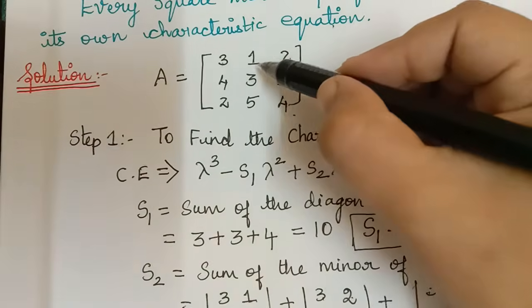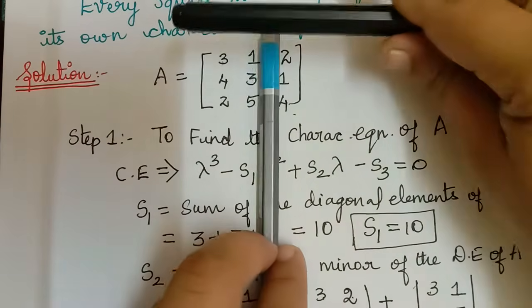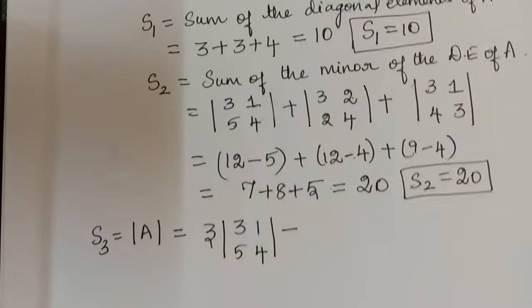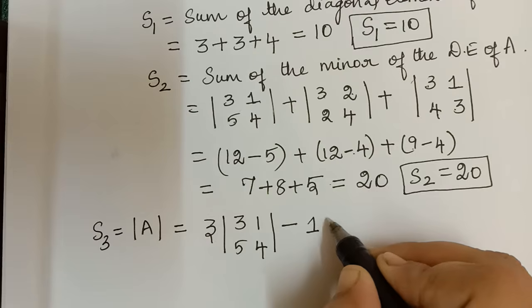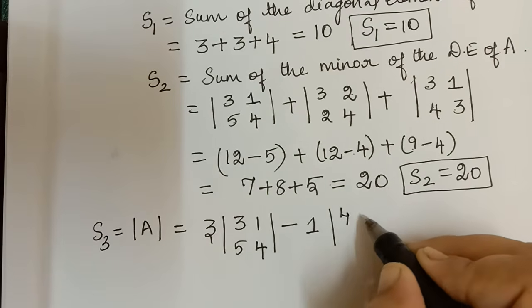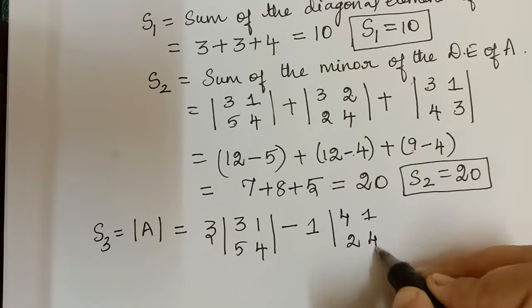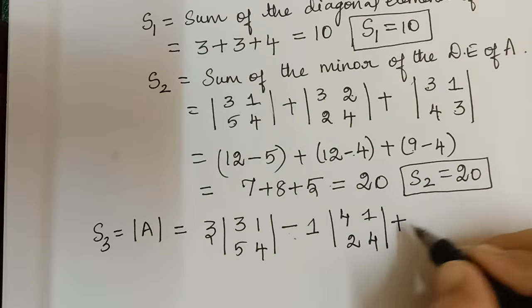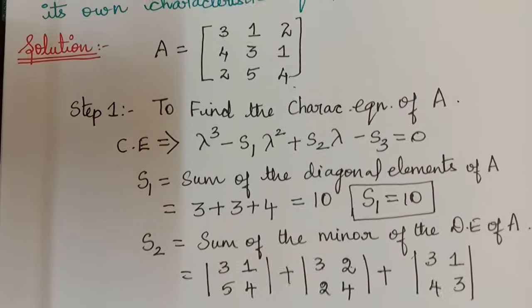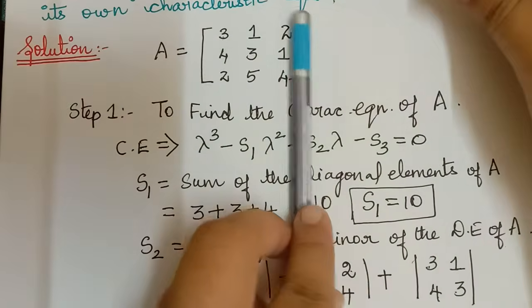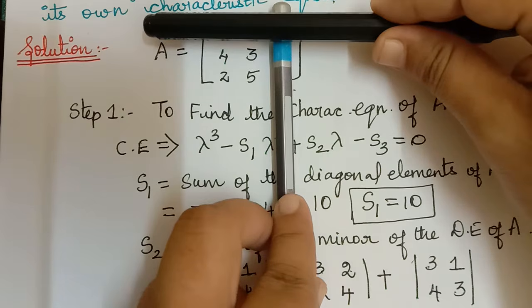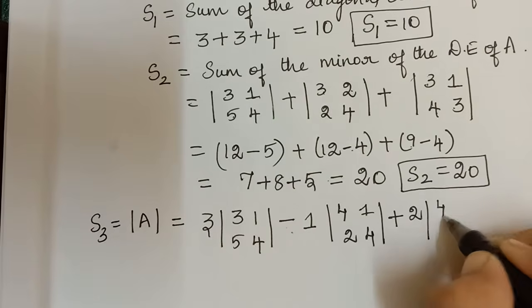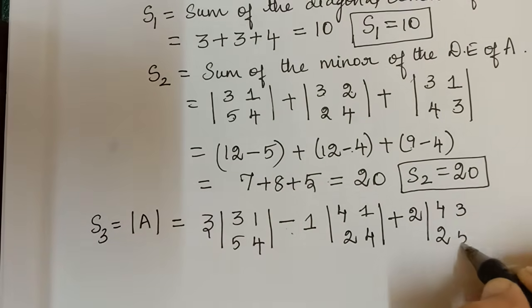The second element, if we block it, we get 4, 1, 2, 4, so it will be 1 multiplied with the determinant of 4, 1, 2, 4. After minus, here it will be plus. The last element that we can consider is 2, so 2 multiplied with the determinant of 4, 3, 2, 5.